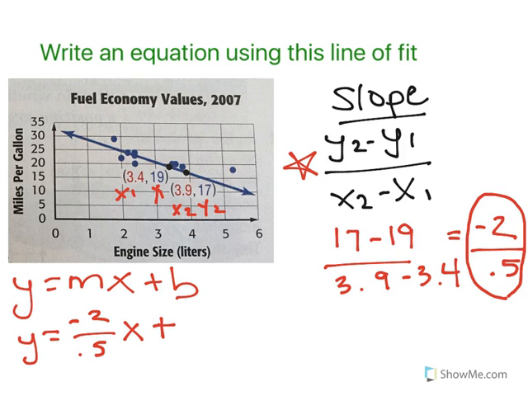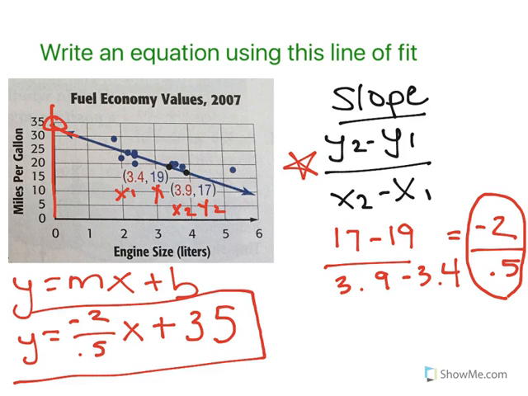Where does this line intercept the y axis? If I keep extending it, it looks like it intercepts at 35. So I'm going to plug in 35 for b. My final answer for the equation of the line is y equals negative 2 over 0.5 x plus 35.